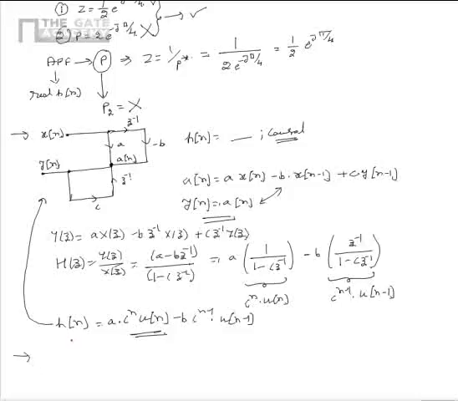Now let us consider another problem, in which it is given that there is a signal x of t which is in the frequency range of 5 kHz to 10 kHz. We need to find which of the given frequencies is surely not present in x power 4 of t.